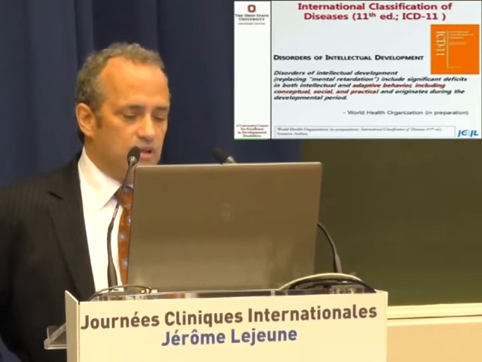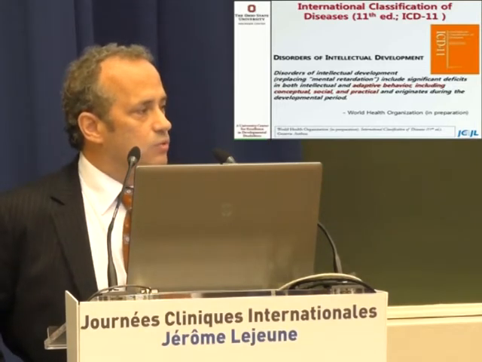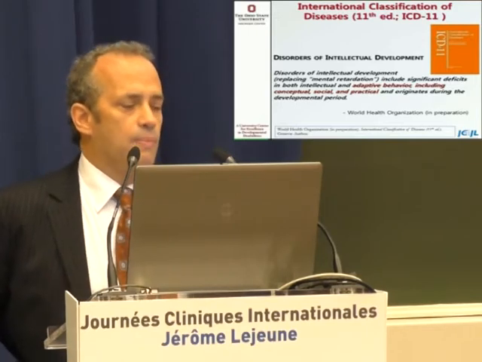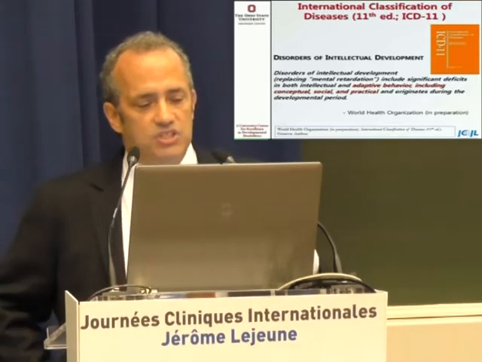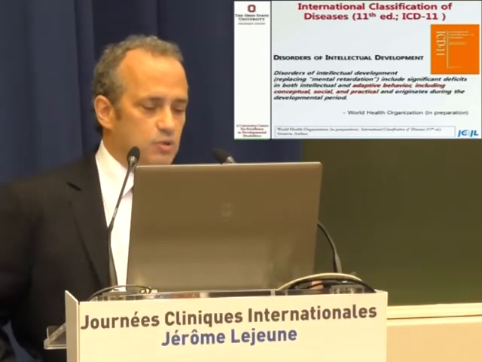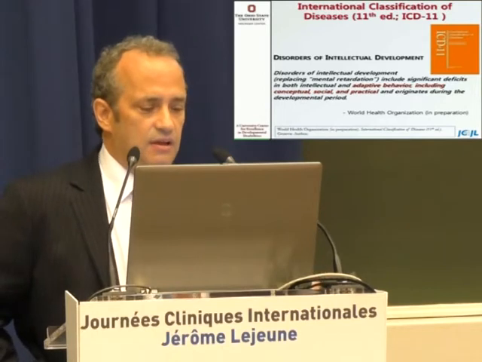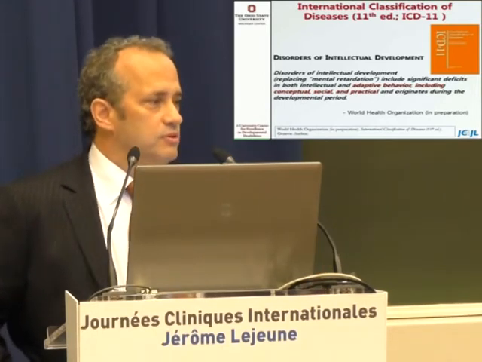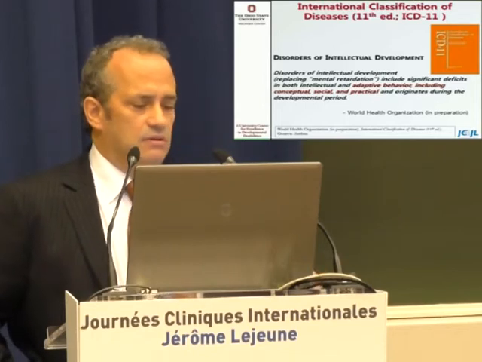In current work, this seems to be the final definition that the World Health Organization will go to field trials with. And they call it disorders of intellectual development, but essentially it's intellectual disability or disorders of ID. And it's significant deficits in both. So you'll see all these are identical.